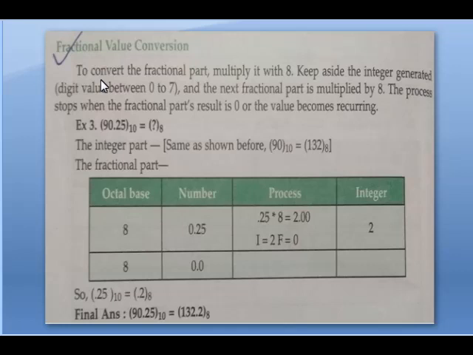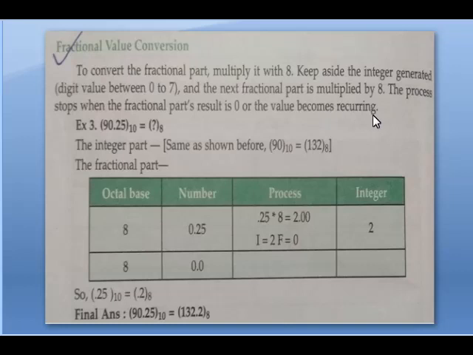Keep aside the integer part, a digit between 0 to 7, and the next fractional part is multiplied by 8. The process stops when the fractional part result is 0 or the value becomes recurring. Recurring means repeating.